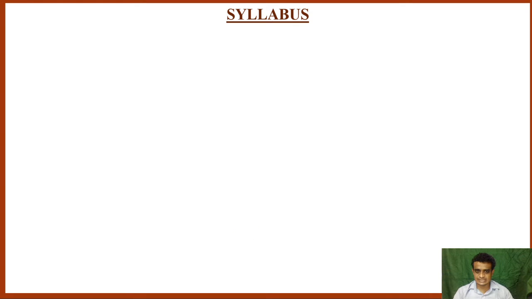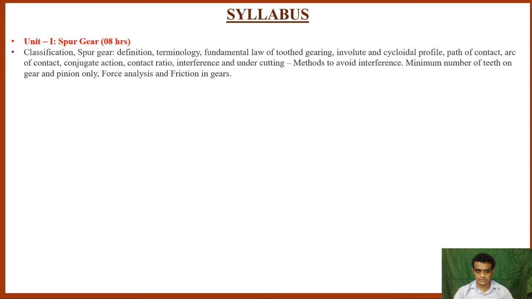First of all, we'll see the syllabus. We'll move unit-wise. Unit number 1 is based on spur gear. We'll start with the classification of different gears, spur gear and its definition, its terminologies, law of gearing, and different types of gear tooth profiles.